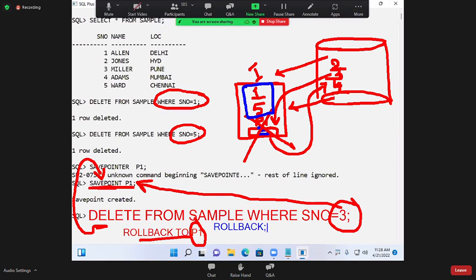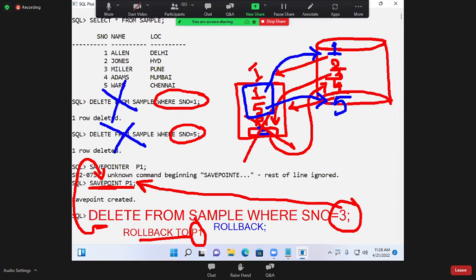The remaining 2 operations which I performed are cancelled, 1 cancelled and 5 cancelled. Then 1 and 5 come back to your database.